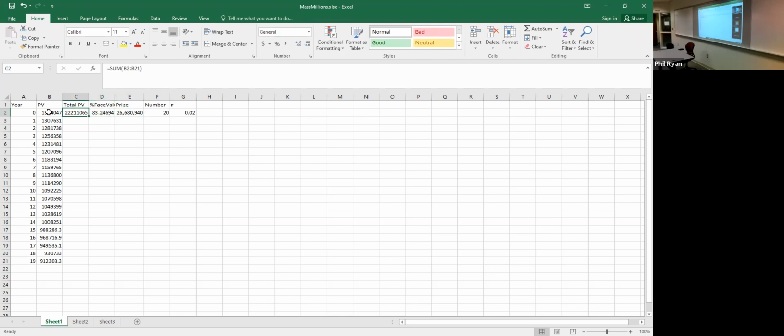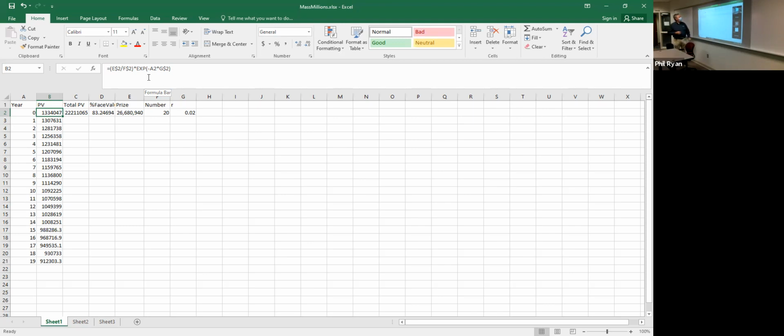So in these 20 rows here, you get your first payment straight away, which means you get 26 million odd dollars divided by 20, and you multiply it by the negative exponent, but because it's in year 0, A2 is 0, so it's e to the 0, which is 1.